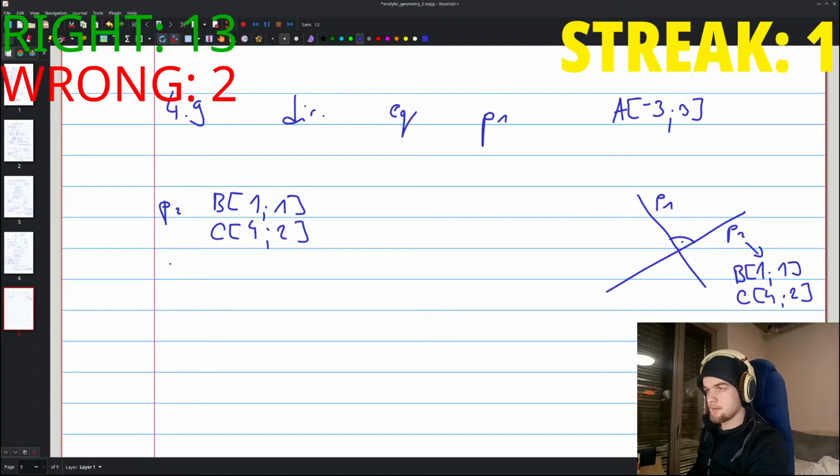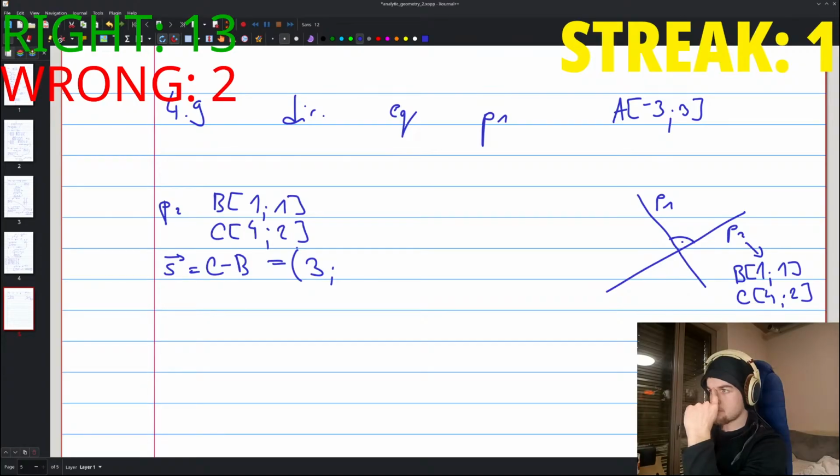So we get C minus B, which is gonna be 3, 1 minus 2.